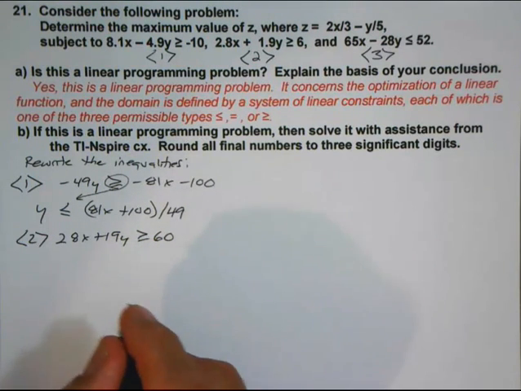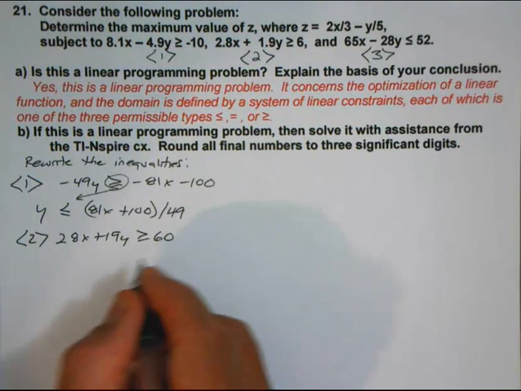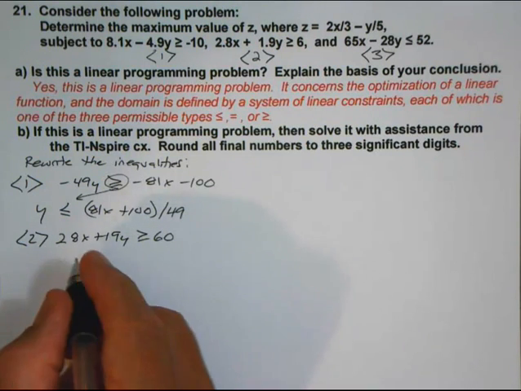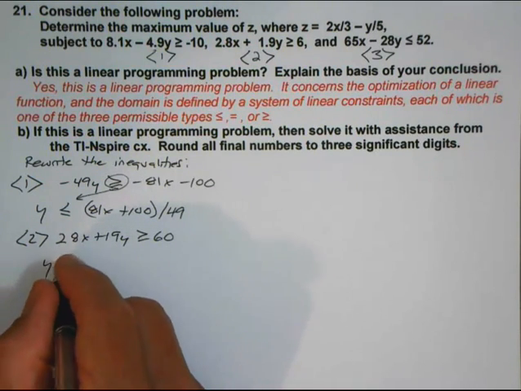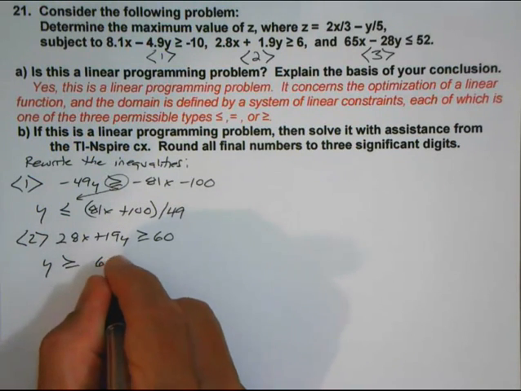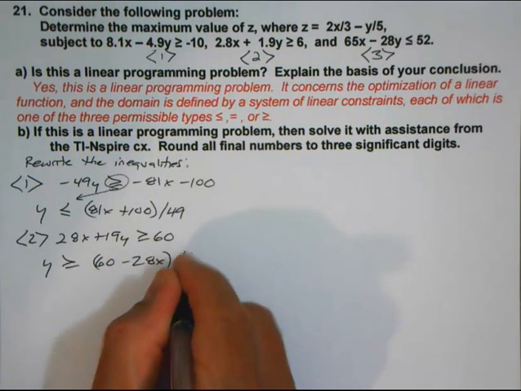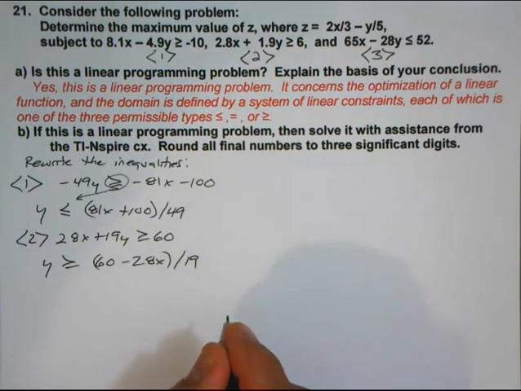Okay. Well, to solve for y, we could subtract 28x from both sides and divide both sides by a positive 19. That would leave us with y greater than or equal to 60 minus 28x divided by 19.